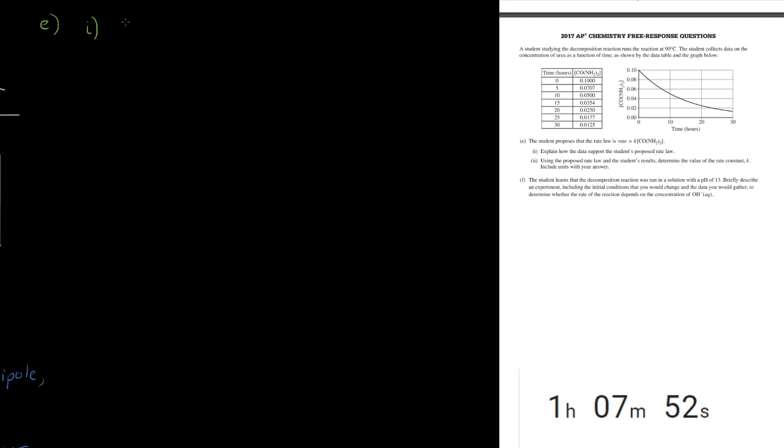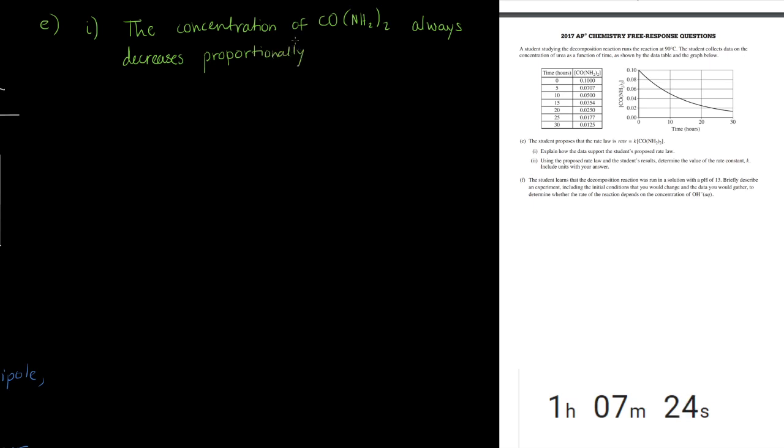The concentration of CONH2 always decreases. This is going to be the definition of e to the x, proportionally to its own value, according to the data.